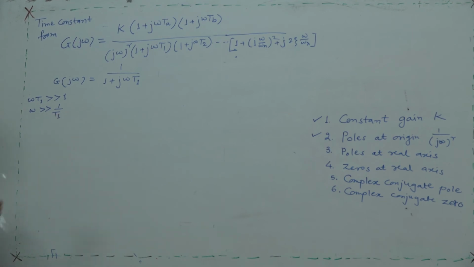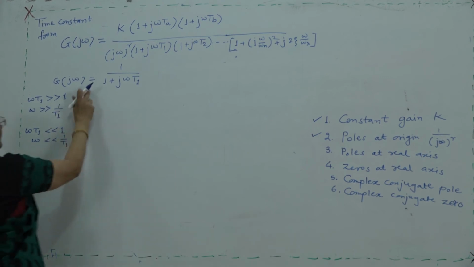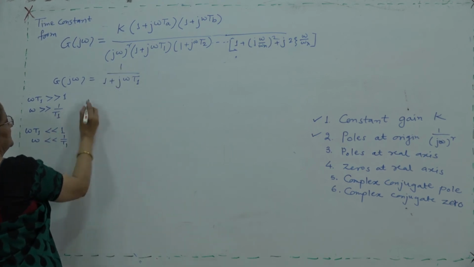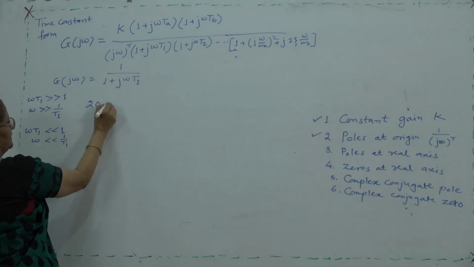So, this is upper frequency range, and lower frequency range you have to consider as omega t 1 is far less than 1, or omega is far less than 1 upon t 1. So, 1 upon t 1 is the corner frequency. So, what we have seen here, suppose the term is like this. How will you write here magnitude plot?